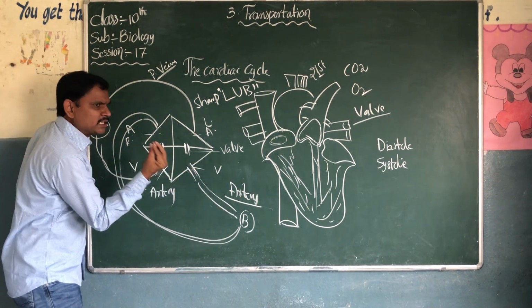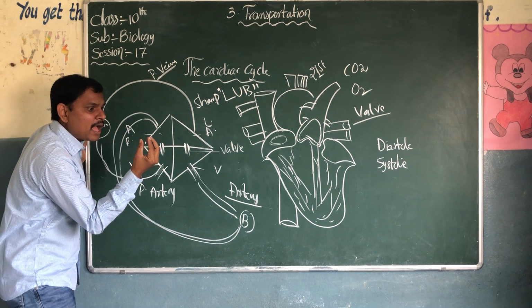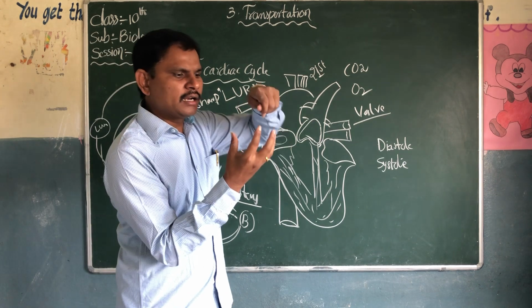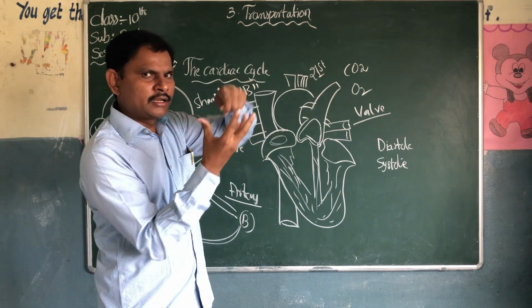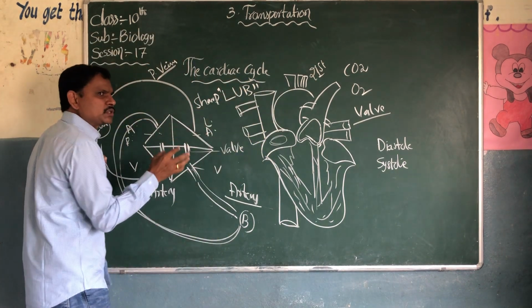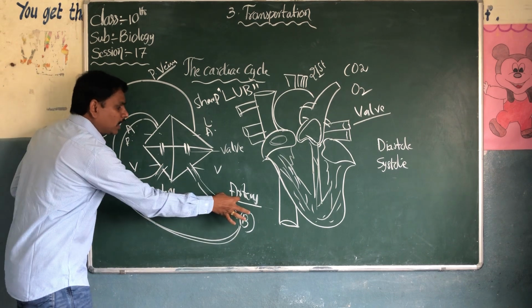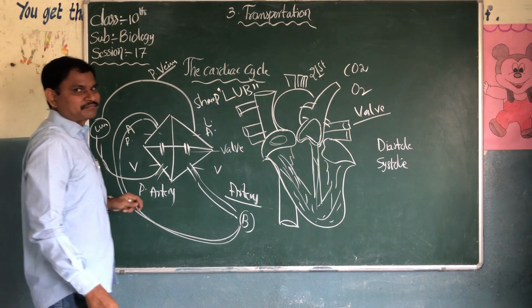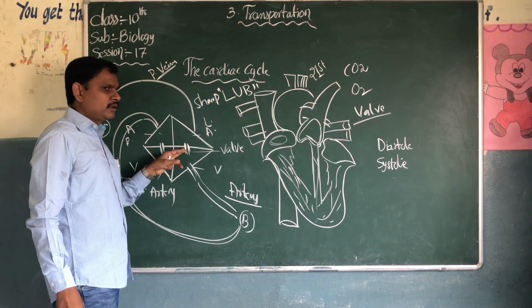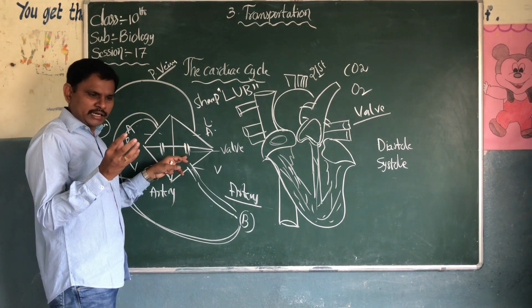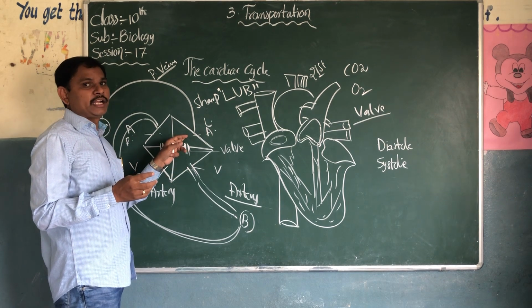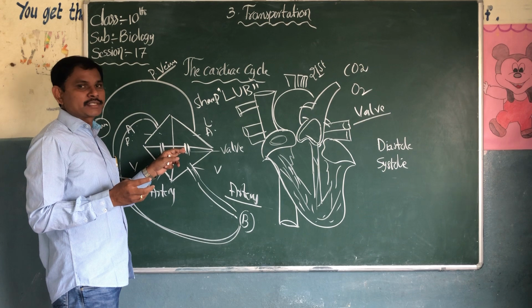So when the ventricles start relaxation, listen, there is a chance for blood to enter from the arteries and pulmonary arteries in the reverse direction again. This is different. When the ventricles start contracting, the blood can enter the reverse direction into the atria, and that valve closes.